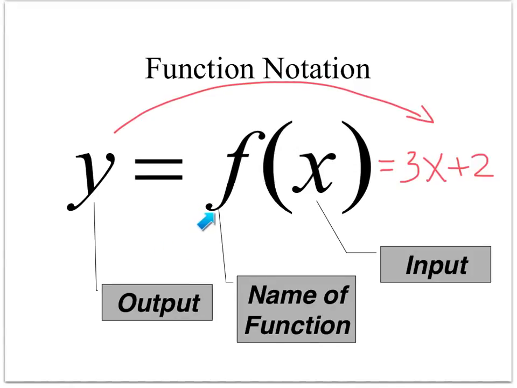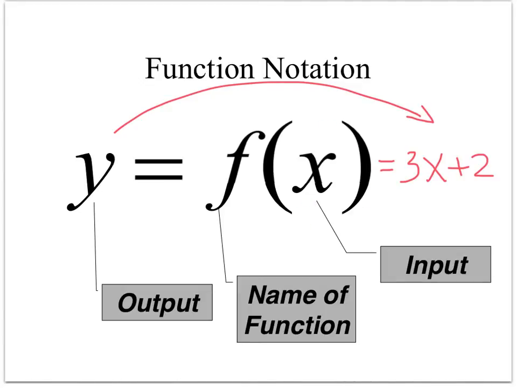That could be any letter or shape that you want. For our purposes, it'll mostly be letters: f of x, g of x, w of x, as long as you can remember what the name of your function is. And then whatever's inside the parentheses, that's your input.